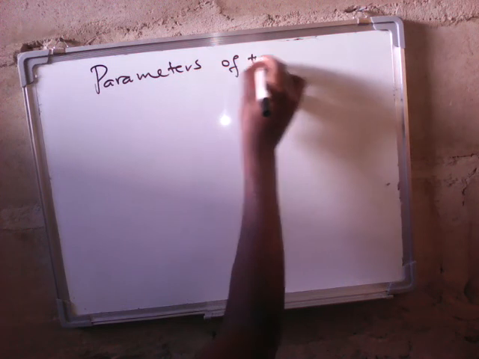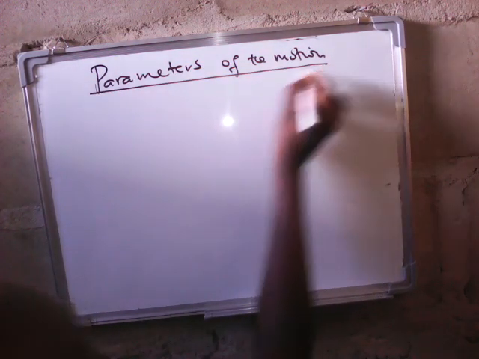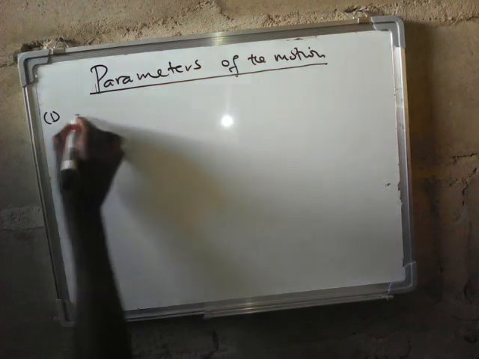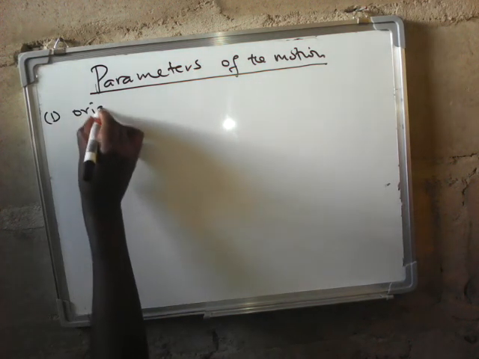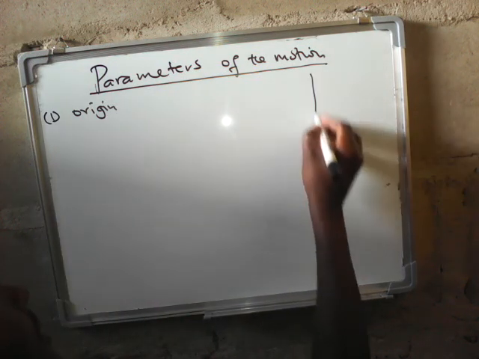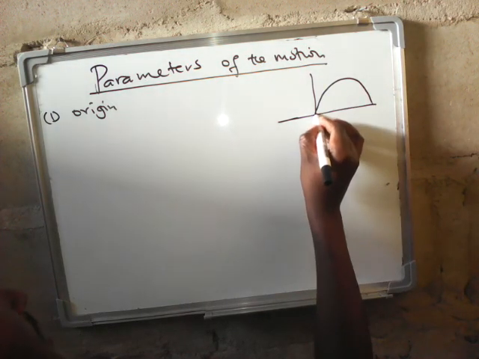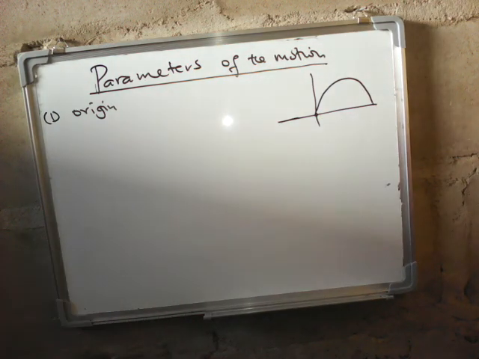We shall start with number 1, origin. A point where a particle or a projectile starts from is what we call the origin.